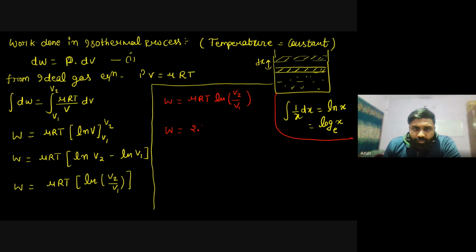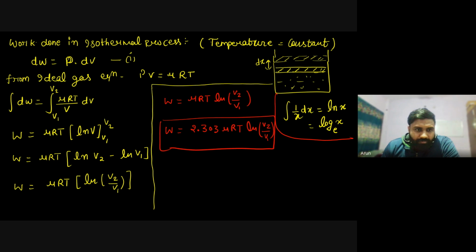It will become 2.303 mu RT log V2 by V1. So this is the final formula for work done. This is the work done in the isothermal process.